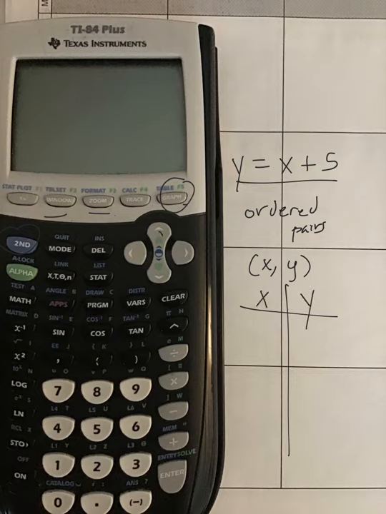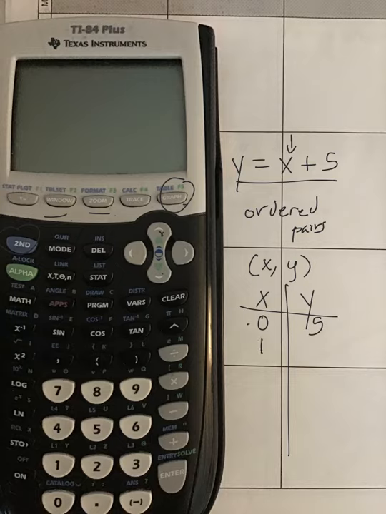Now you may have to adjust your arrows to see all of them, but obviously the line goes on forever. You're probably only going to see first when it starts at 0. So when x is 0, y is probably going to say 5, because that means you plugged 0 in for x, and 0 plus 5 is 5.